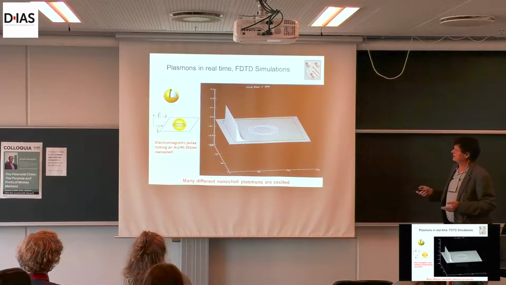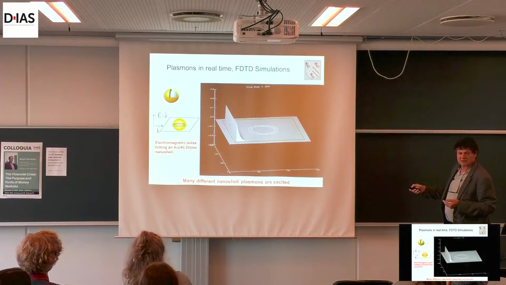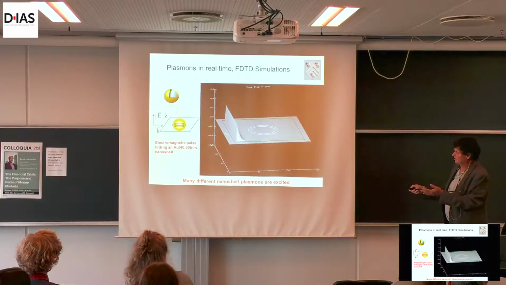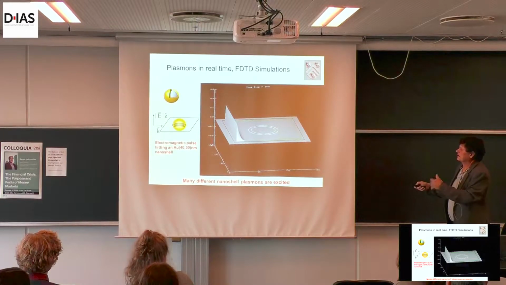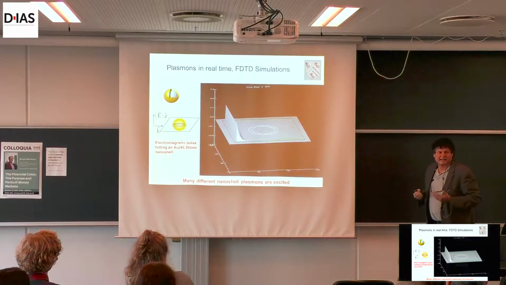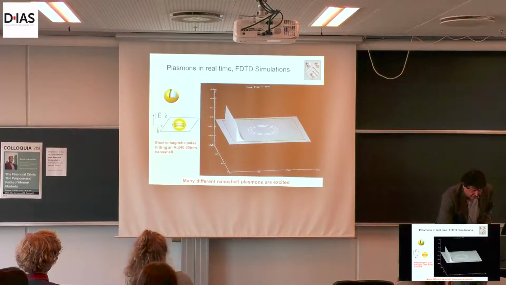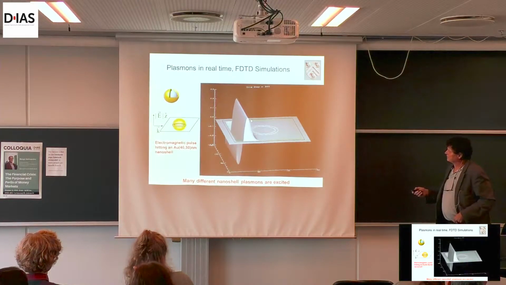It has a lot of interesting properties. So I'm going to put that in vacuum, and I'm going to cut a plane through that nanoshell, we call it. Okay, and I'm going to plot as a function of time everywhere in the plane the total electric field. So the total electric field is going to be the incident pulse we see here, but then it's going to be the field generated by the nanoparticle. So this simulation is in vacuum. It's done using something called absorbing boundary conditions.